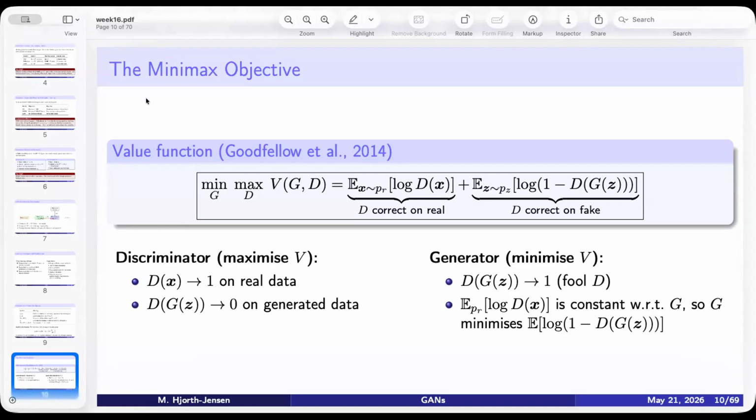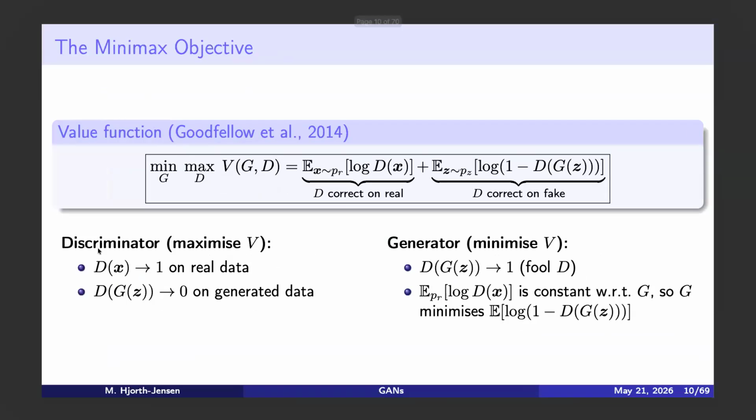So let's bring up this one and stay a little bit with the whiteboard till after the break. So what we are doing then, and this is what was proposed by Goodfellow, is that we have a minimization and maximization problem.